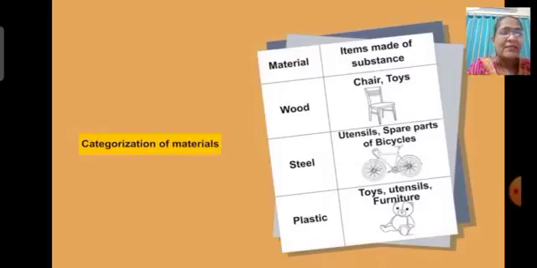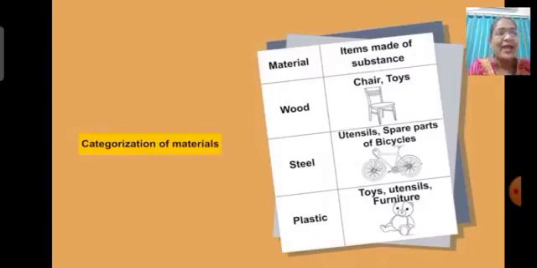Then steel is used to make utensils and spare parts of bicycles. Then for plastic, he wrote toys, and even some utensils and furniture are made of plastic. Here children, he has done the categorization of materials, or sorting of materials, of what he saw in the shop.